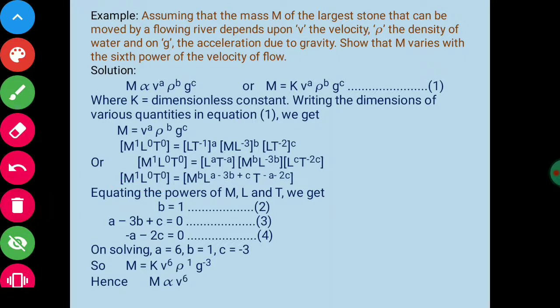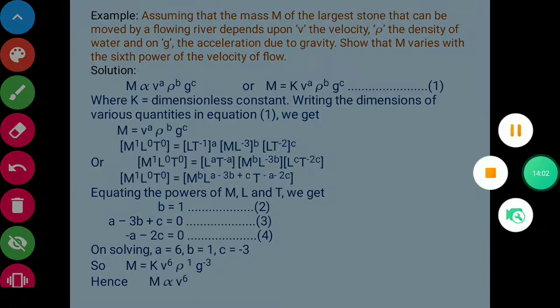So you can say that a minus 3b plus c equals 0. And there minus a minus 2c, and there 0. So you can say that minus a minus 2c equals 0. Now give the equations 1, 2 and 3. Sorry, 2, 3 and 4.